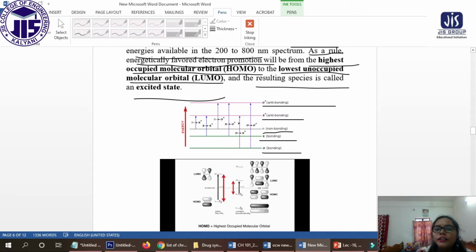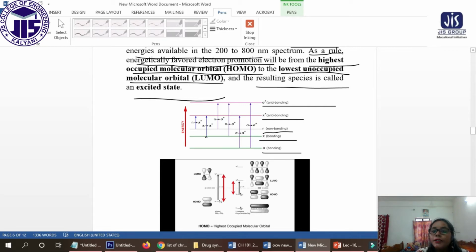Now look here, the electrons are here. How can the electrons be excited, and from which level to which level will it be permitted? Okay, this is called allowed transition. Now look here, this is n to pi star, right?